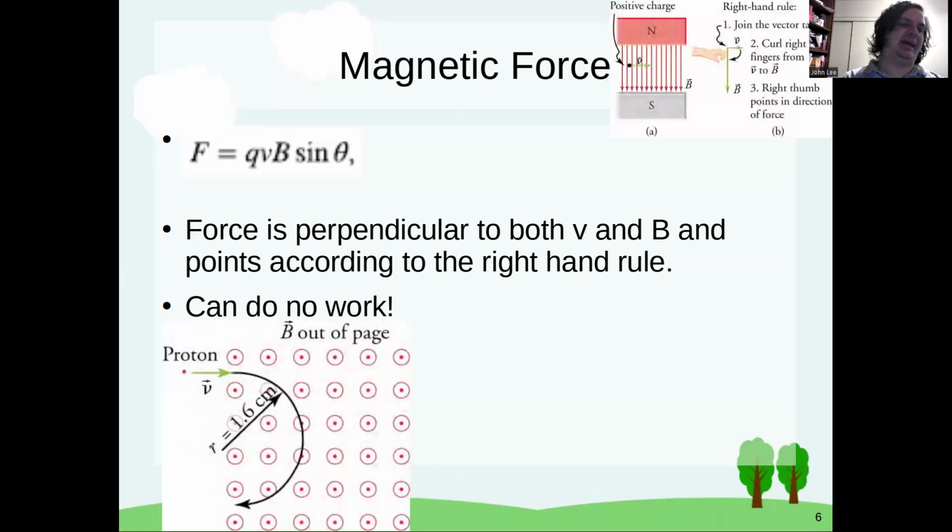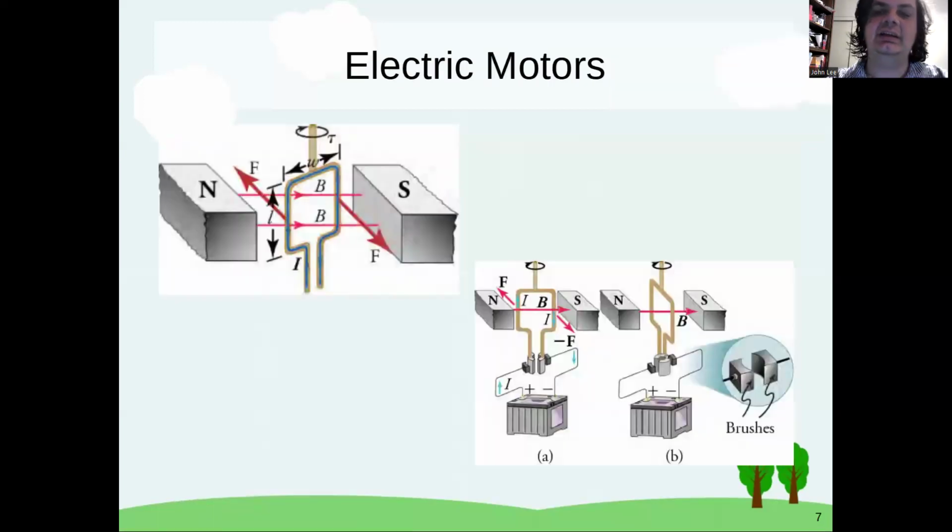So velocity is going to remain constant because there's no change in kinetic energy. So we just have circular motion, a constant velocity through a magnetic field.